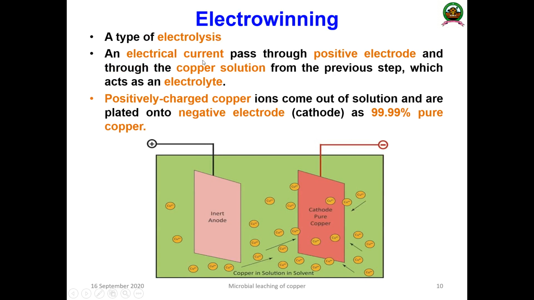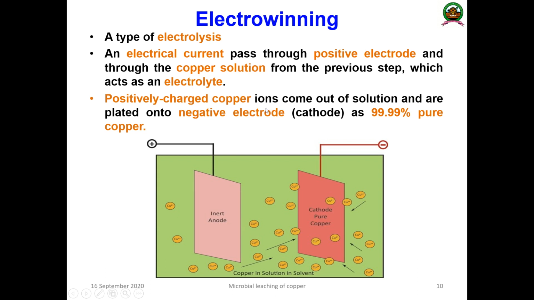An electrical current passes through the positive electrode and through the copper solution from the previous step, which acts as the electrolyte.